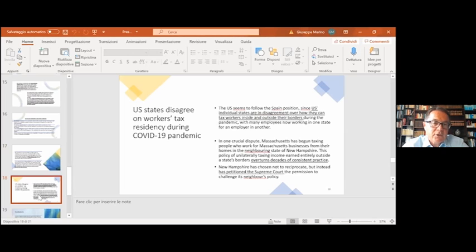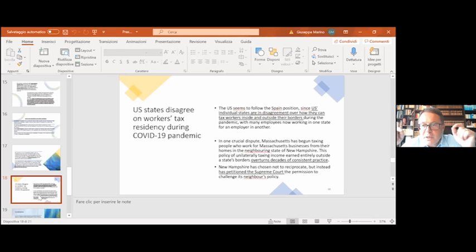Last but not least, there is a sort of mirroring effect of what is happening, again, in the United States. The United States said, as I anticipated before, that we do not see a permanent establishment or place of effective management and control within this extraordinary period of time.